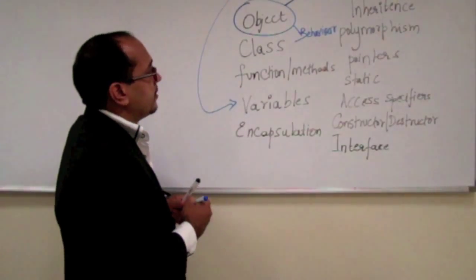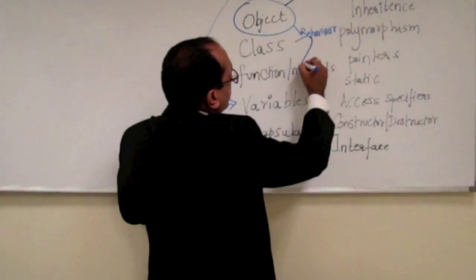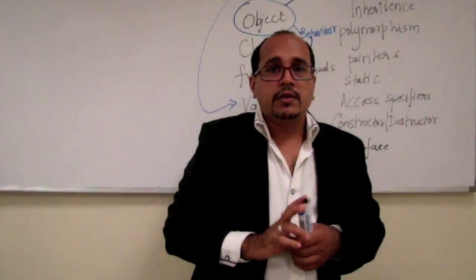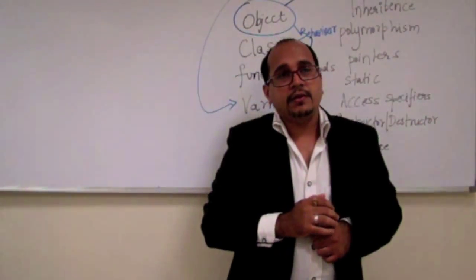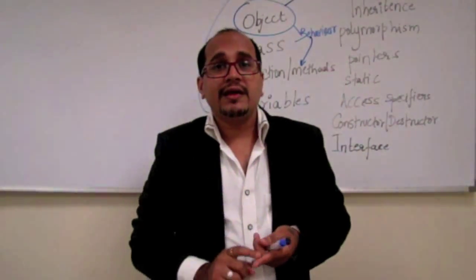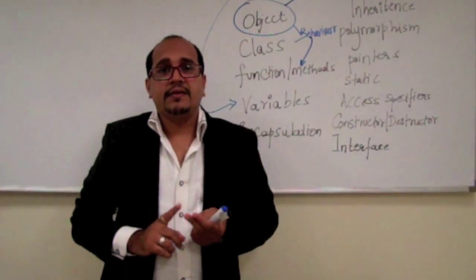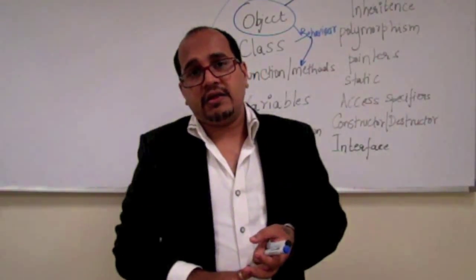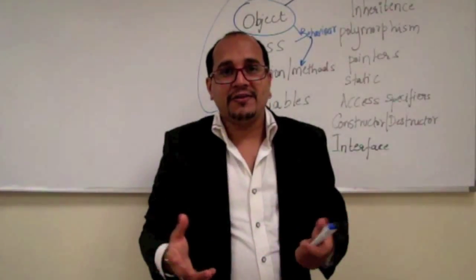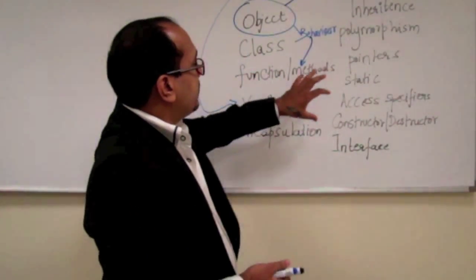The behavior is represented by the methods. The purpose of a student: he goes to school for studying, he has to do homework, complete his assignments, be a part of extracurricular activities, and learn Objective-C. So what is the behavior?